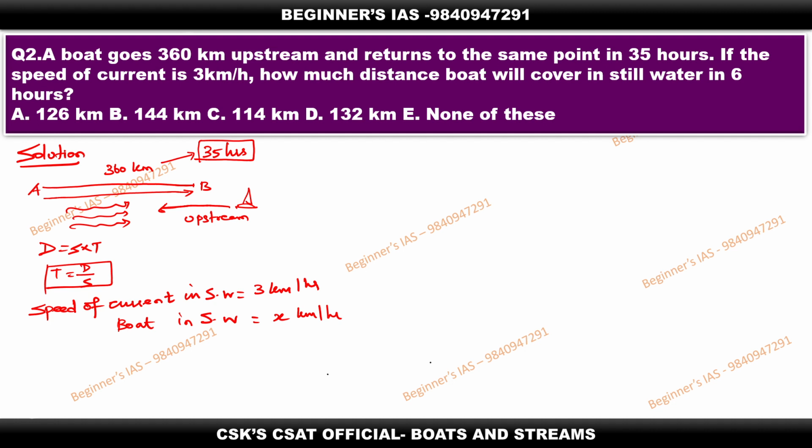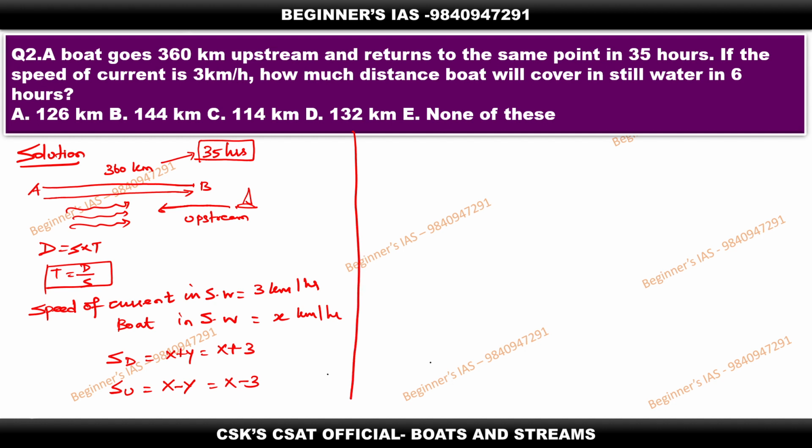Then the speed of the downstream, which is along the river, means x plus y, which is equal to x plus 3. Then the speed of the upstream, upstream means against, therefore you have to subtract: x minus y, so x minus 3.